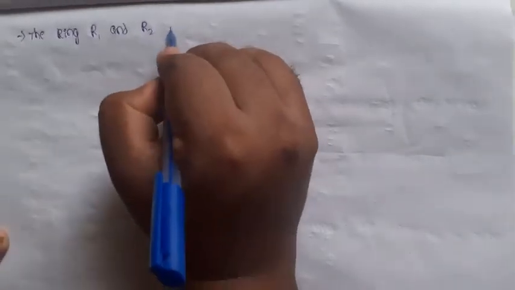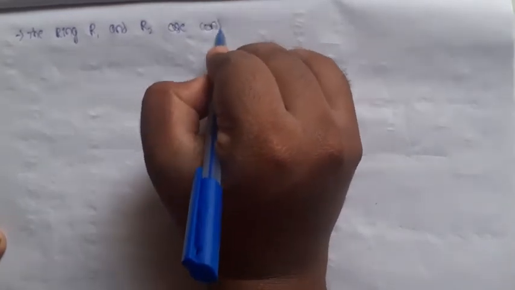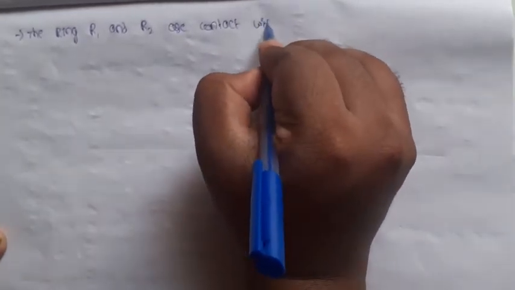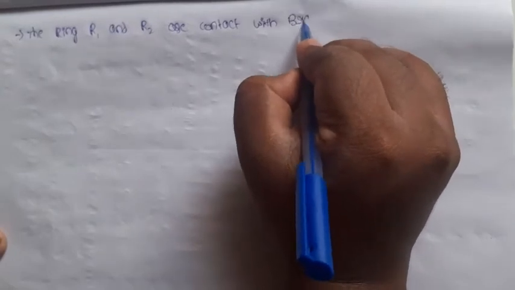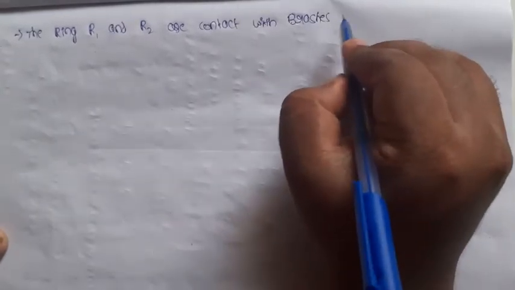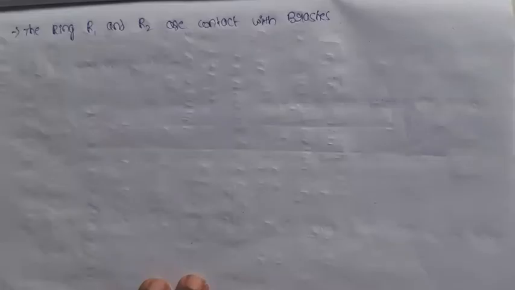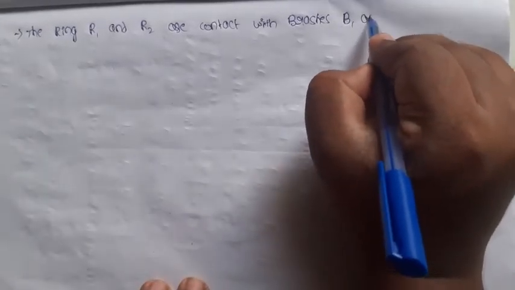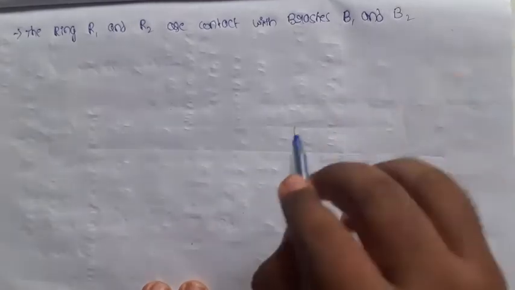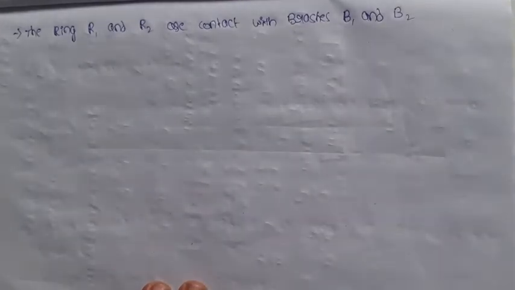Next, the rings R1 and R2 are in contact with the brushes B1 and B2. These brushes are made up of carbon.